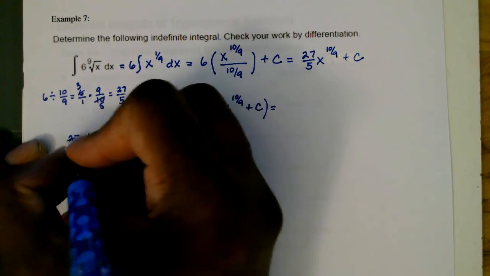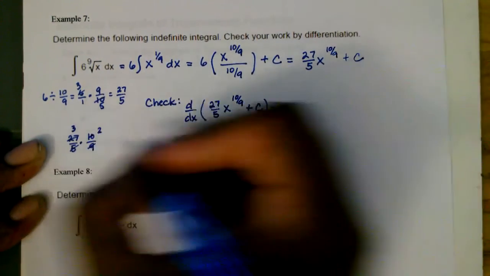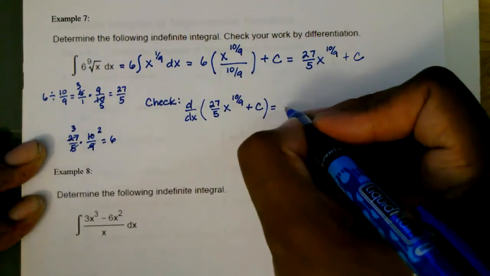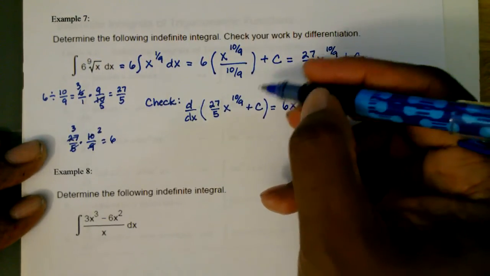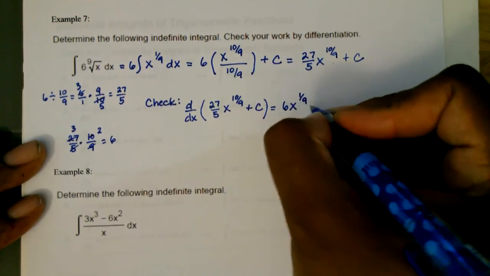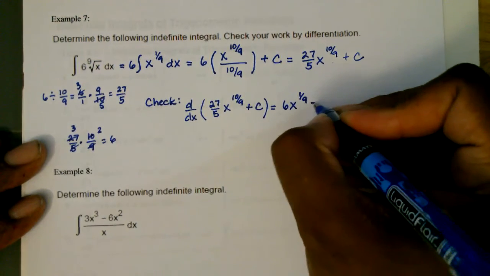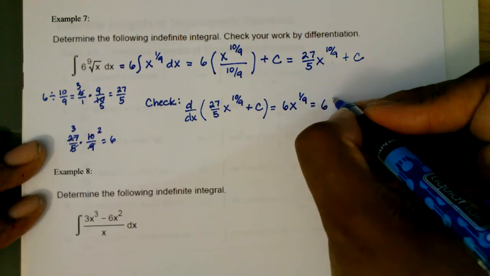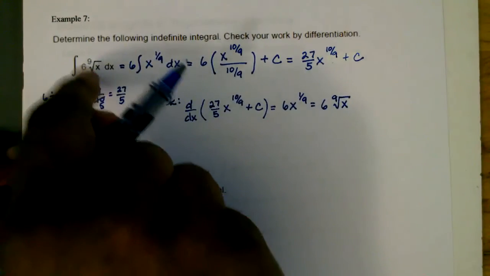Let's see, 9 goes into 27 3 times. 5 goes into 10 2 times. 3 times 2 would be 6. So this would be 6. Copy the x over to the 1 less power. 9/9 from 10/9 will be 1/9. And of course, the derivative of a constant is 0. So if I write that in radical form, this will be 6 times the 9th root of x, which is the same thing here.